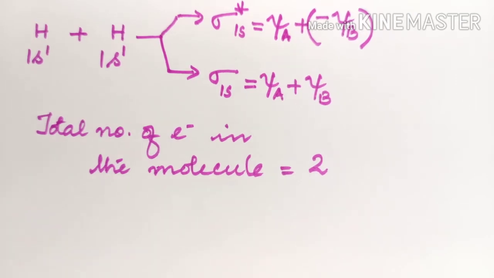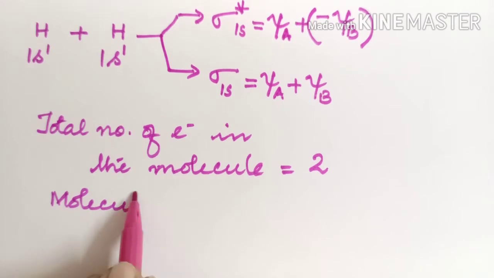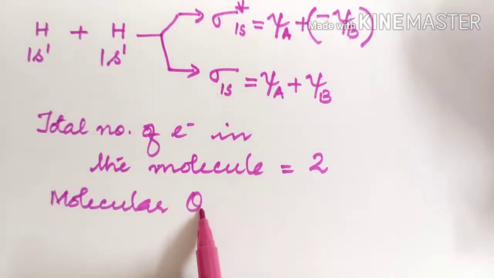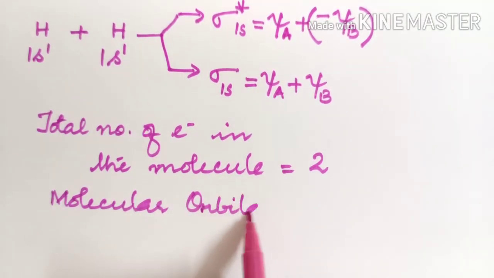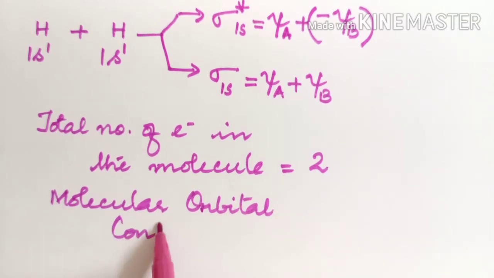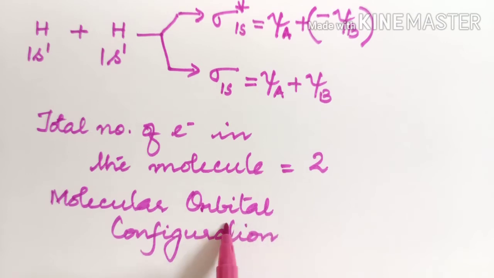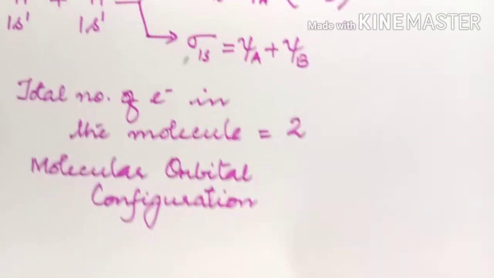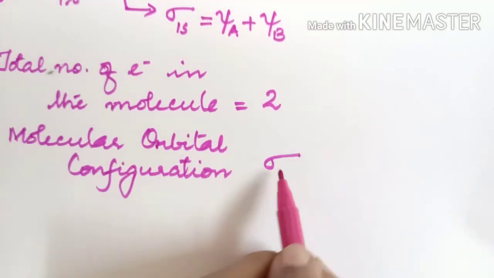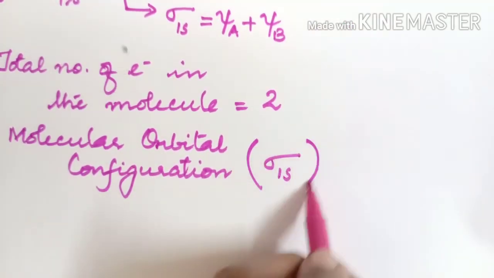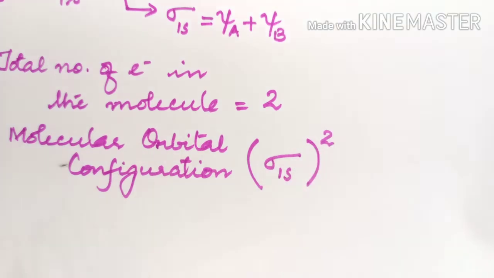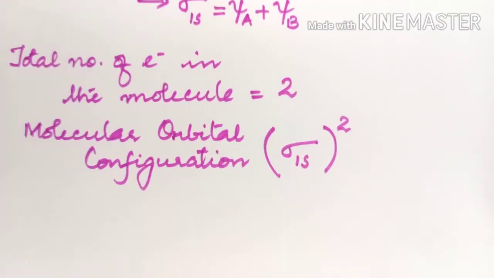Now we shall write the molecular orbital configuration. We know that the lowest molecular orbital, that is sigma 1s, and how many electrons are there occupied? 2. So this is the configuration.